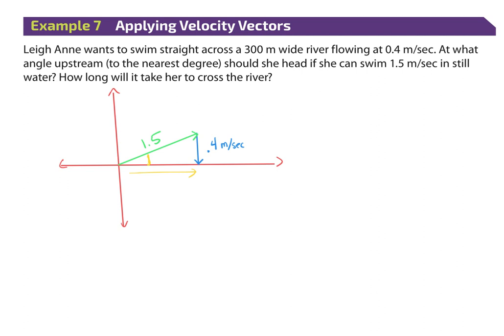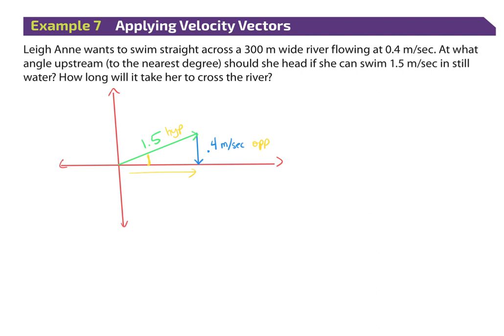Well, we have set up a perfectly good little triangle. If I am trying to solve for this angle, I have the opposite side and I have the hypotenuse. Even if I didn't know that, I do know that I have the vertical movement there, which is going to be my sine.